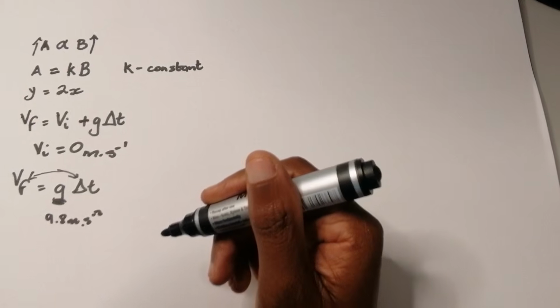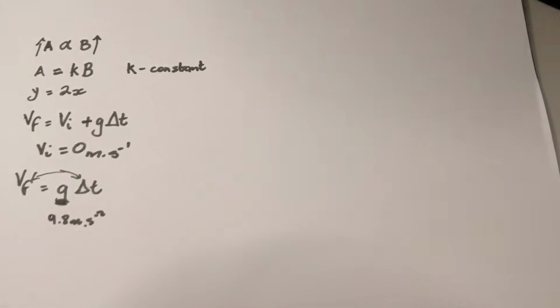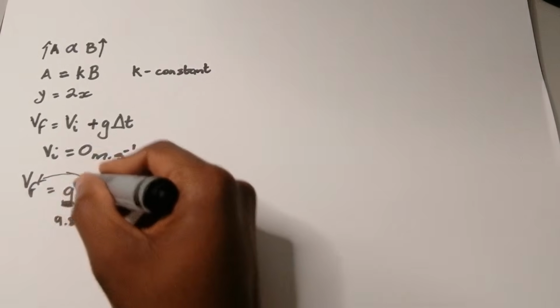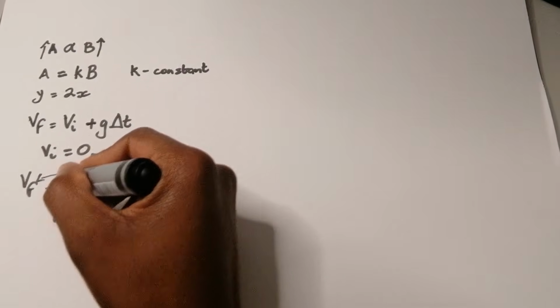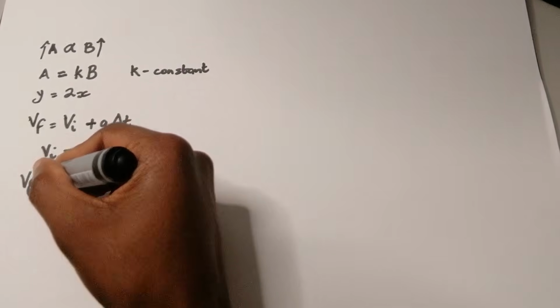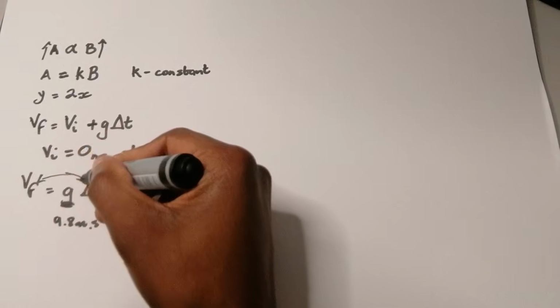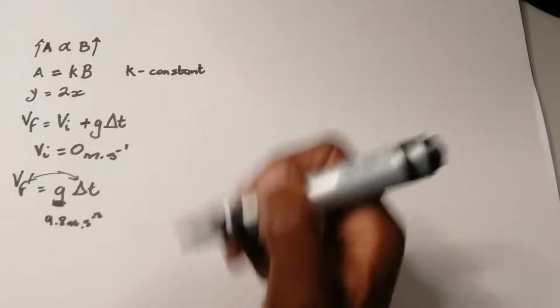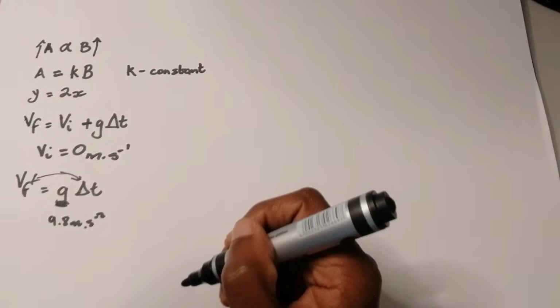Okay, so as a result, one thing that I want you to notice now, because that is a constant, it simply means that Vf is directly proportional to what? To T. Now, something that I forgot to mention there.